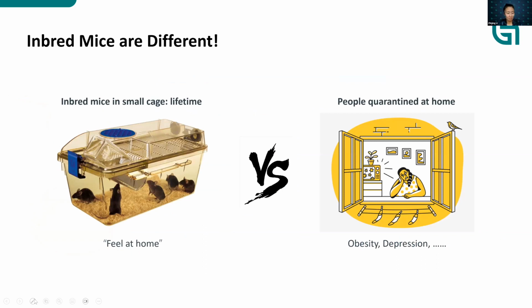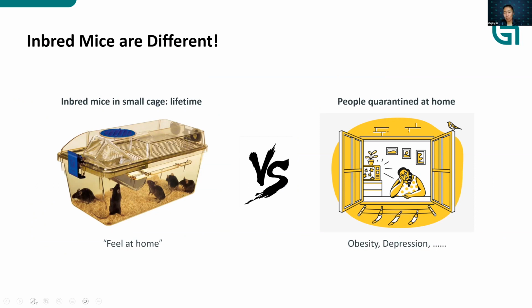And this is a little something we want to share with you, with the pandemic already in place, 3 years with us. We just want to take a look into how our inbred mice have been living in their lifetime versus we humans, who have been living under restriction in the past 3 years for different situations or reasons.